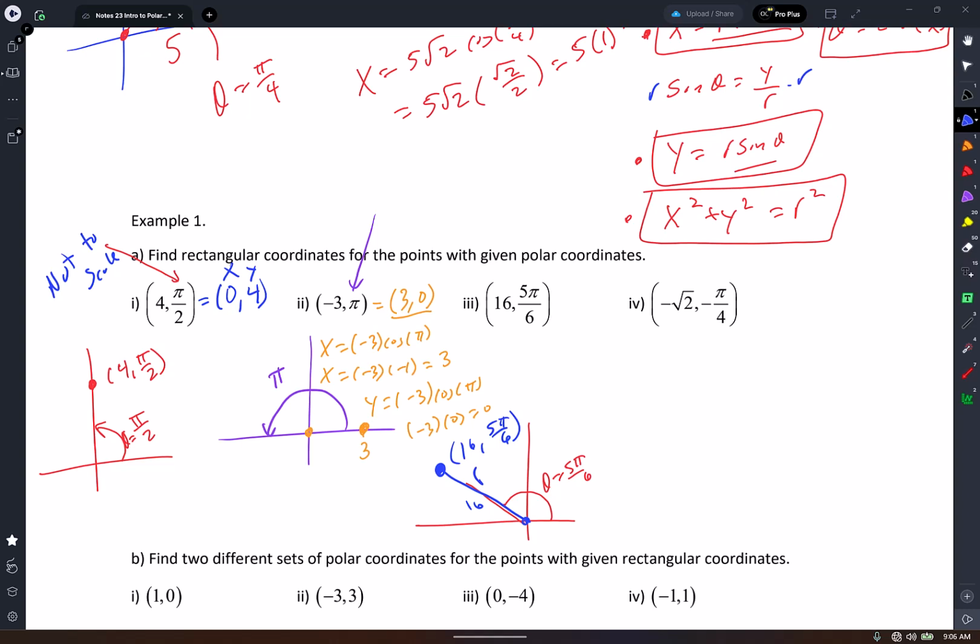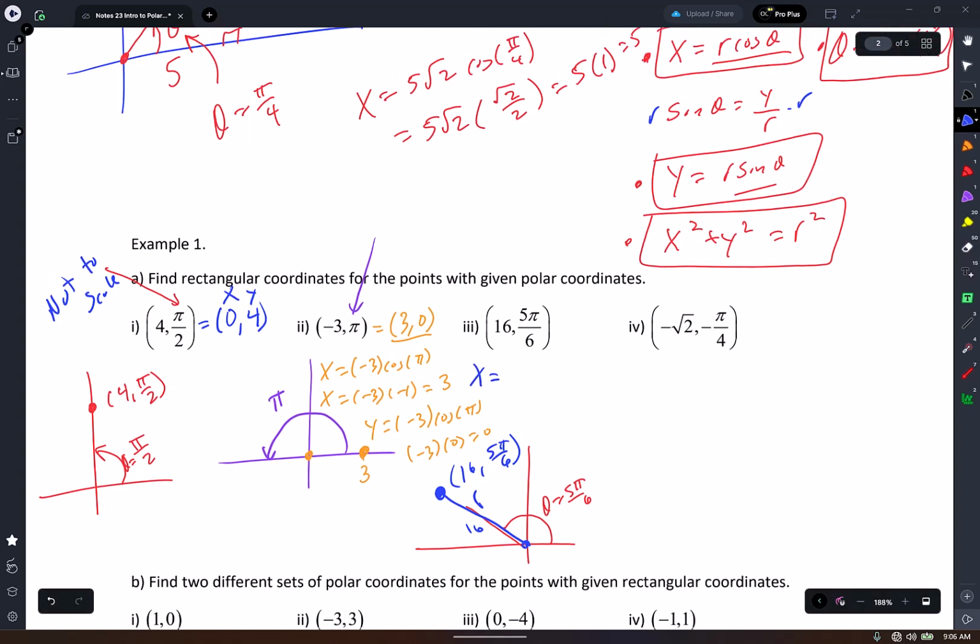Now I'm going to use my formulas. I want the x and y, so x equals r cosine theta, so I'm going to go 16 cosine of 5 pi over 6. The unit circle never goes away, so 16 times, do y'all remember what cosine of 5 pi over 6 is?